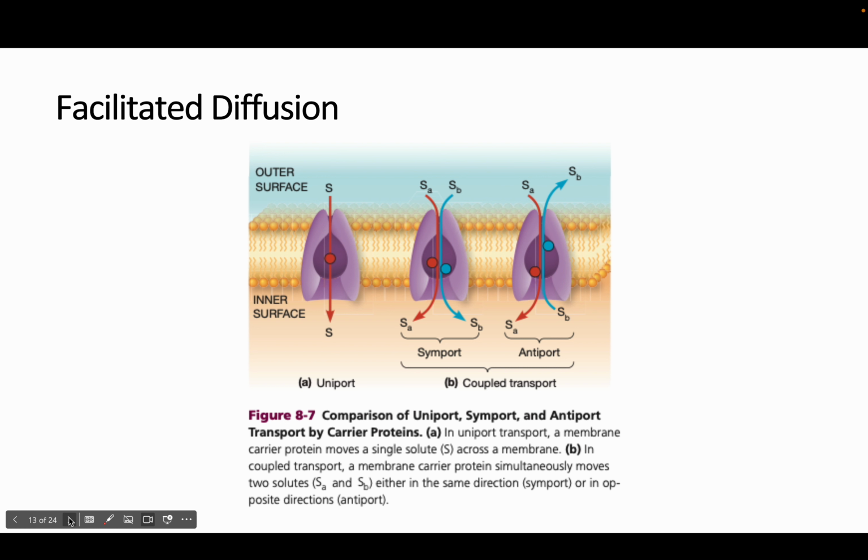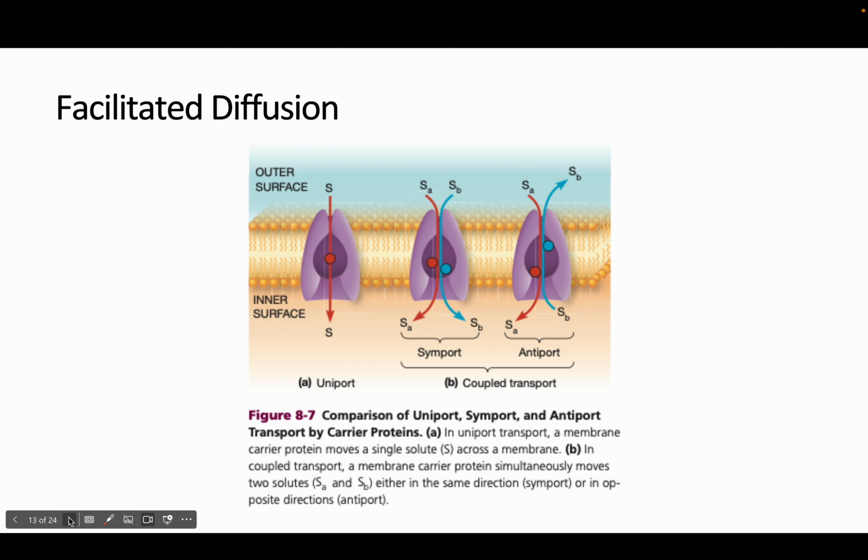So these are transport proteins that are integral proteins. There are several types of facilitated diffusion carried out by carrier proteins. Those that can transfer molecules from the outer environment to the inner environment, or vice versa, we call uniporters.